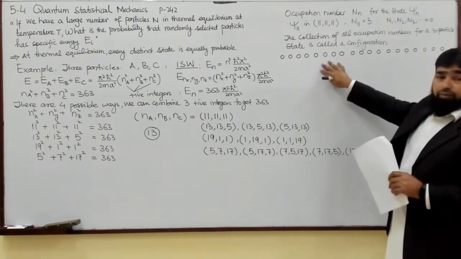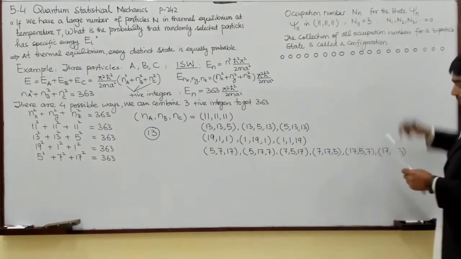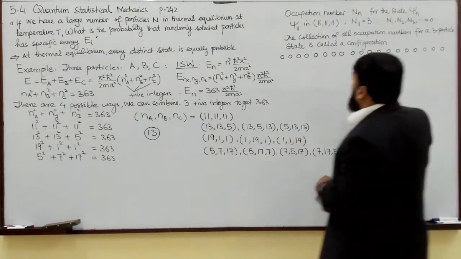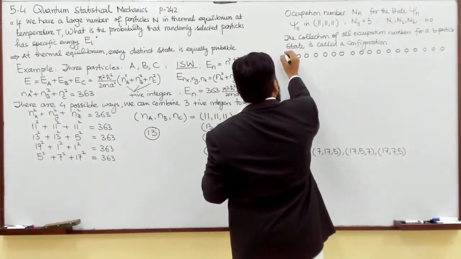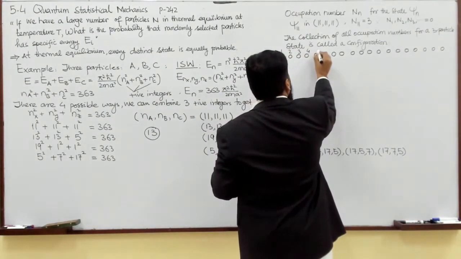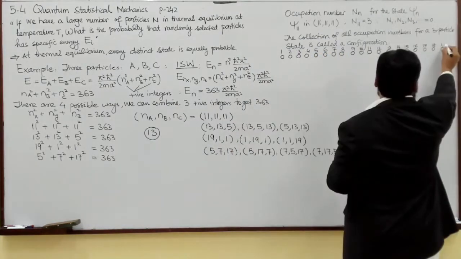So here I have 19 slots. And now out of these 19 slots, I just put numbers on them. This is 1, 2, 3, 4, 5, and 19.